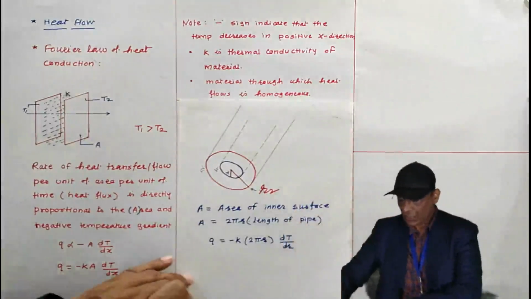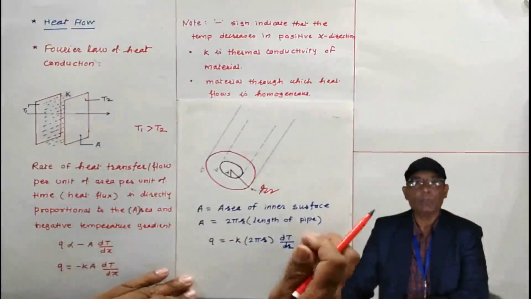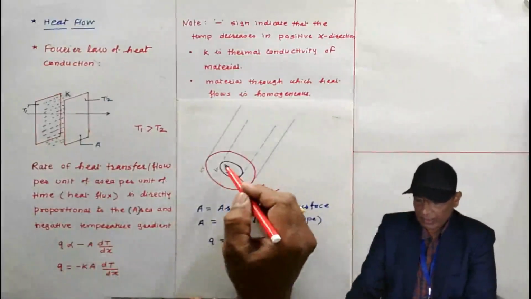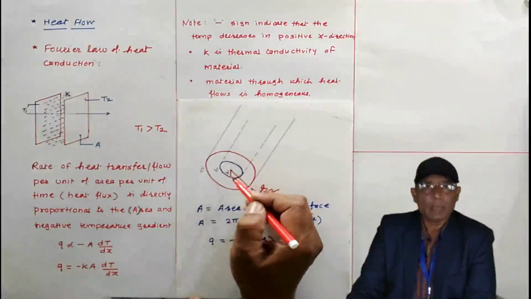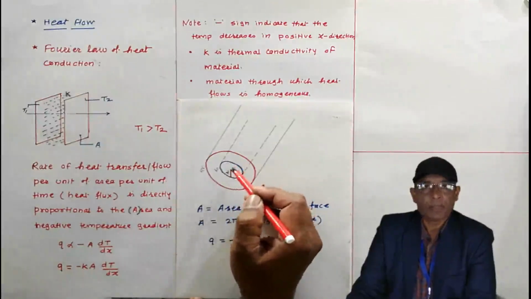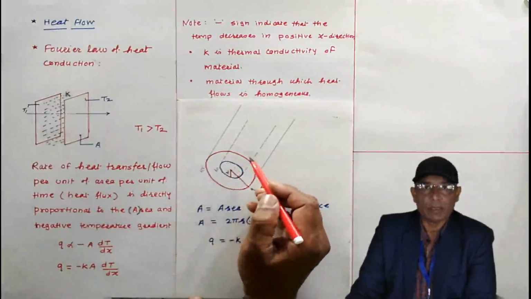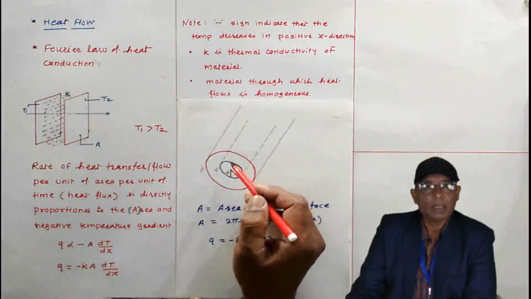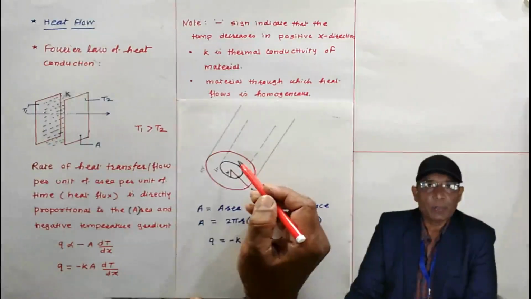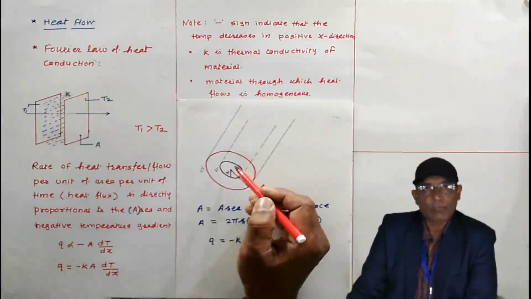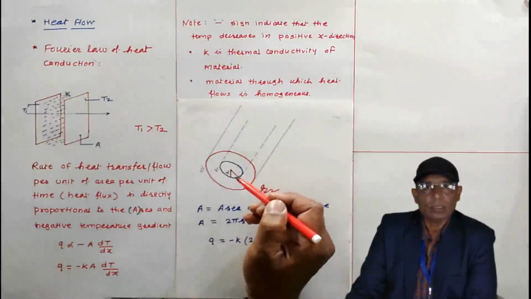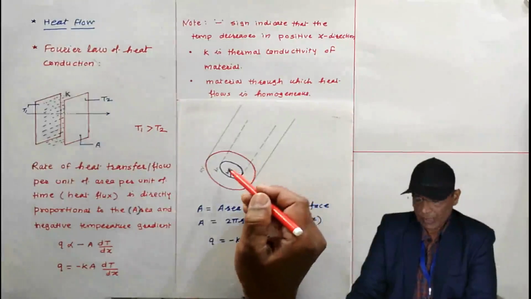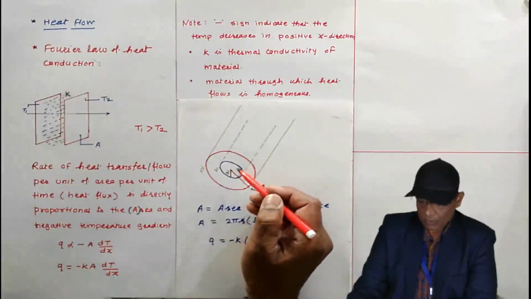T2. Especially, we will be solving problems where this metal pipe is covered by insulating material. You might know that insulating materials are not 100% heat resistant. The heat flow will be there, no doubt. The rate will be very slow, but heat flows through the insulating material also.